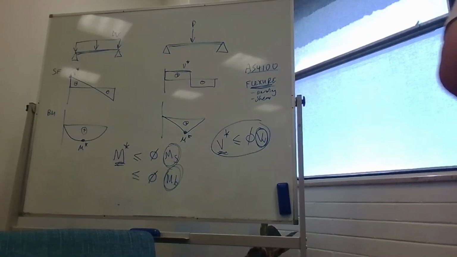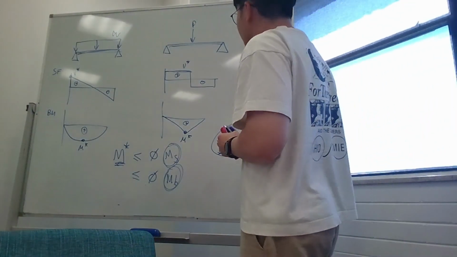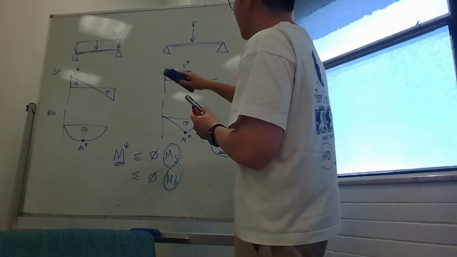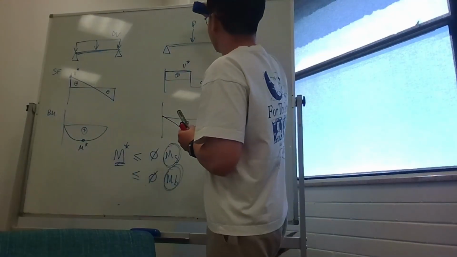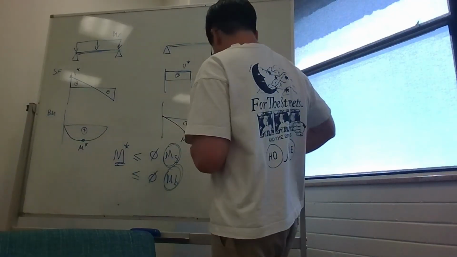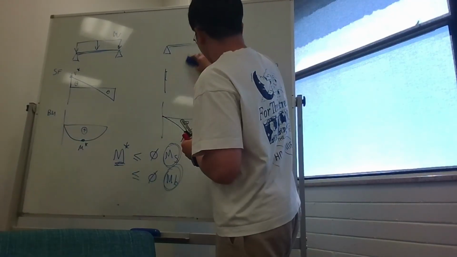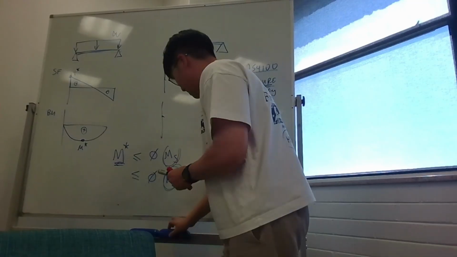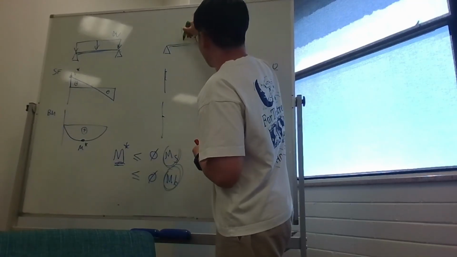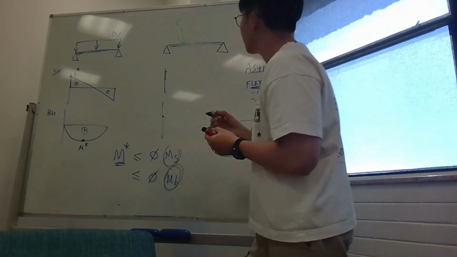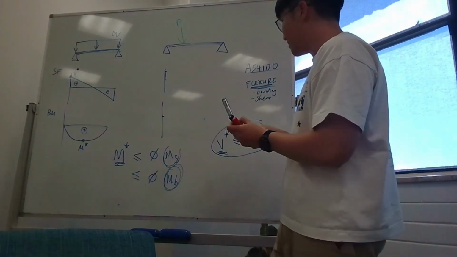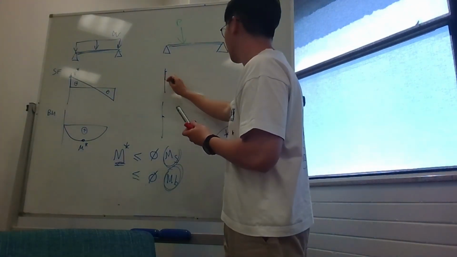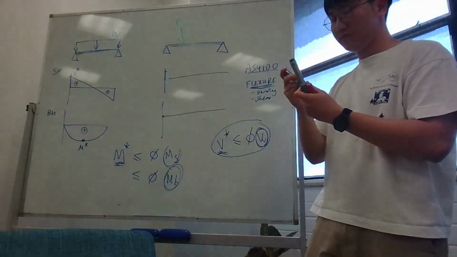What I want you to think about is, forget the uniform load for a second, what happens to that shear force and bending moment diagram if we shift P to the side? Draw this in your head. I'm not going to make you come up and draw this, okay? Just draw this in your head.